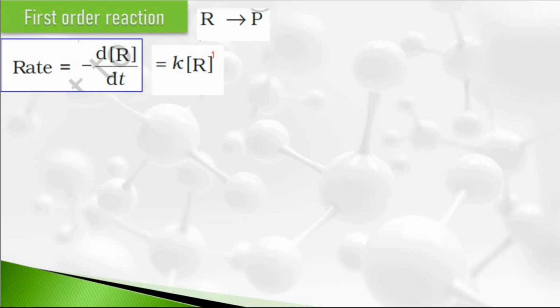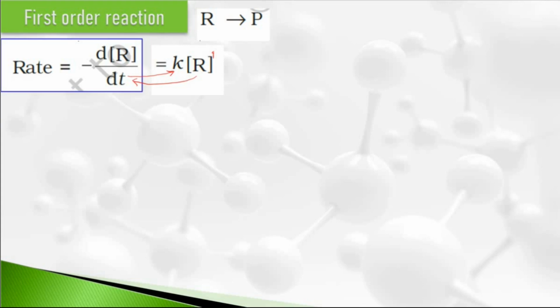Now our aim is to get the integrated rate equation from this differential rate law. To get the integrated rate equation, we can integrate this, but before integration we will slightly modify this equation by bringing this concentration term from right hand side to left hand side and dt term from left hand side to right hand side.